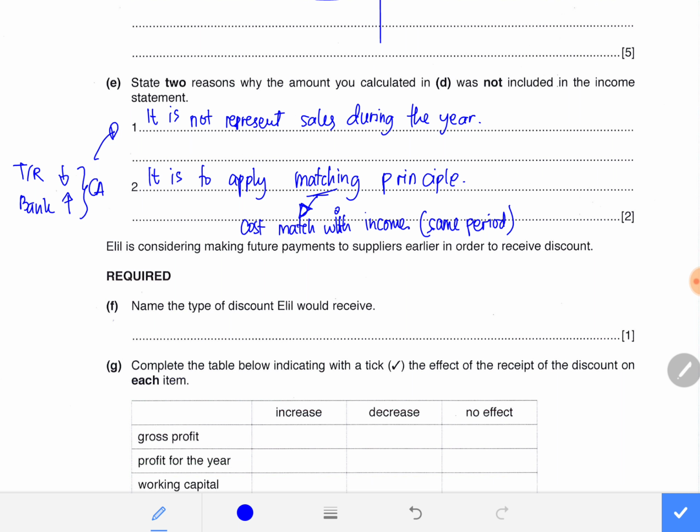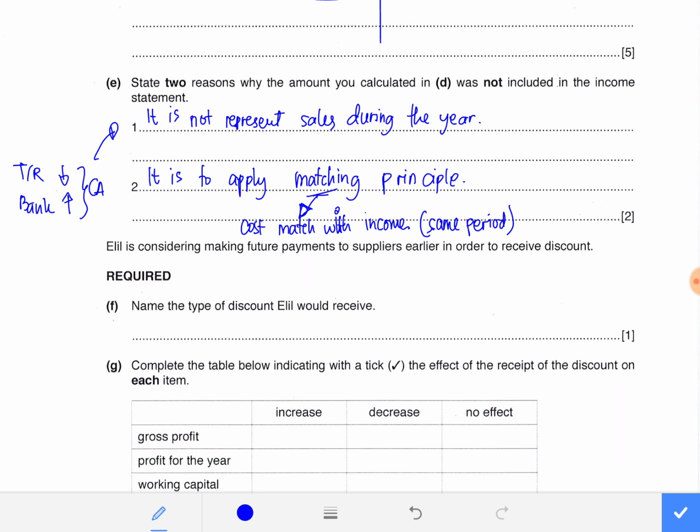Because to find profit, you have to take total income for the year minus total expenses for the year. That is the meaning of cost matched with income, so that we can find profit. That's matching. And all the income and cost must be in the same period.